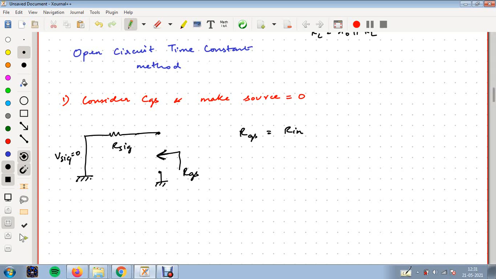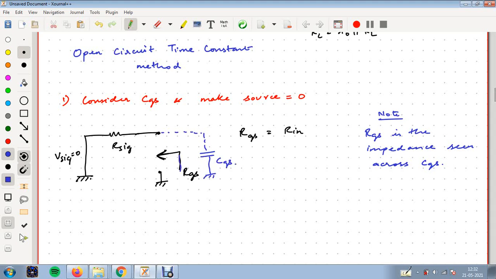Note: RGS is the impedance seen across CGS, not RL. If I extend this, here will be our actual CGS, so I am finding the impedance here.